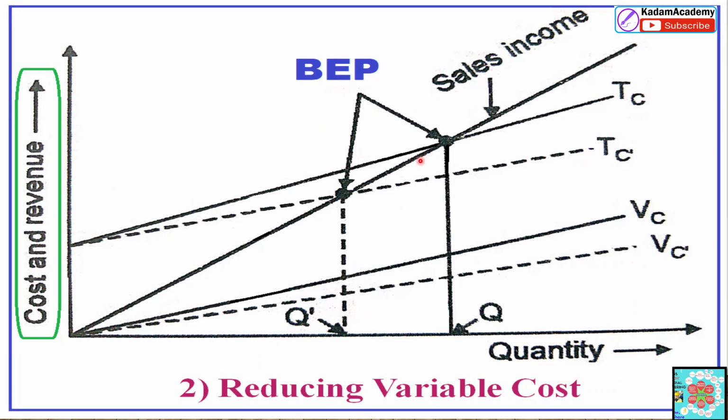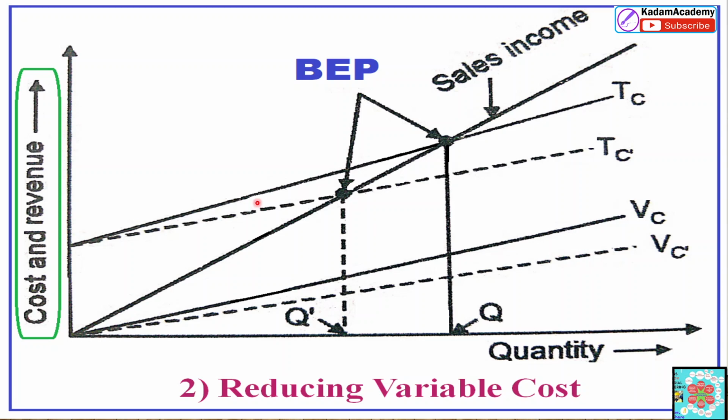In a similar way, what does reducing the variable cost mean? The line drawn here is the variable cost, and this VC is shifted below, that dotted line. So what will happen?